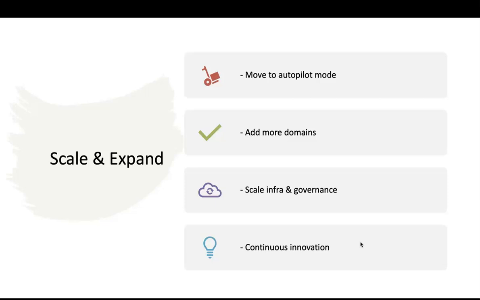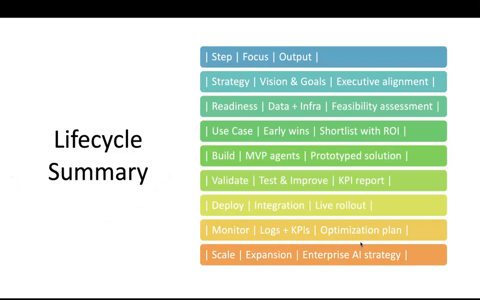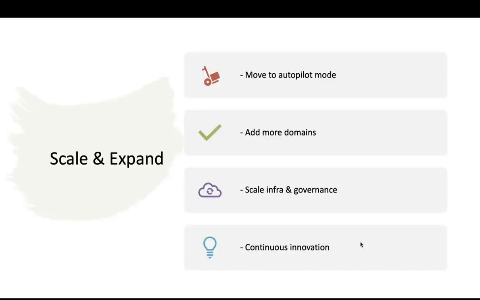Scale and expand basically means we will use cloud for deploying your application, so that if more consumers are in demand, you can scale up your resources and expand. That means you can move to autopilot mode, add more domains, and use infrastructure, governance, etc. in the cloud. That is the main thing you can do in this stage.